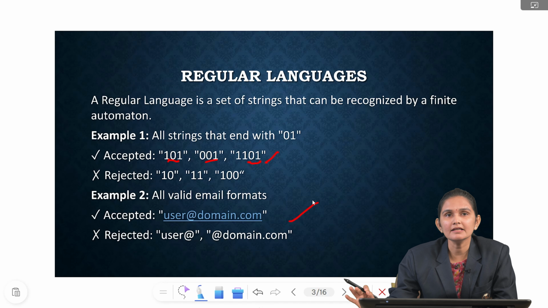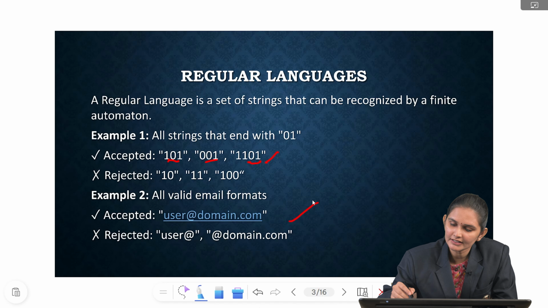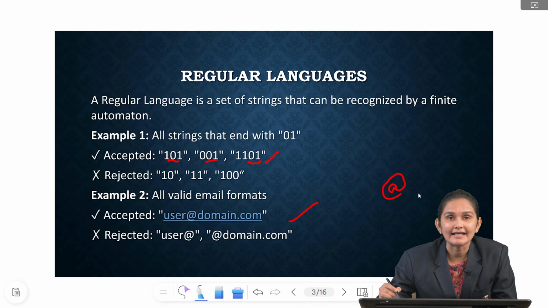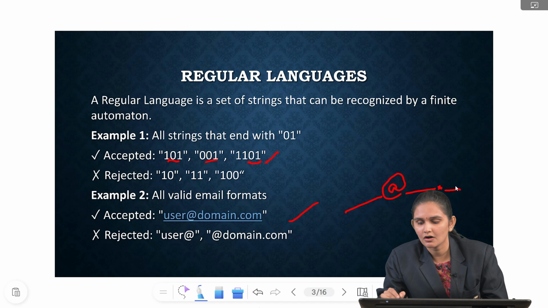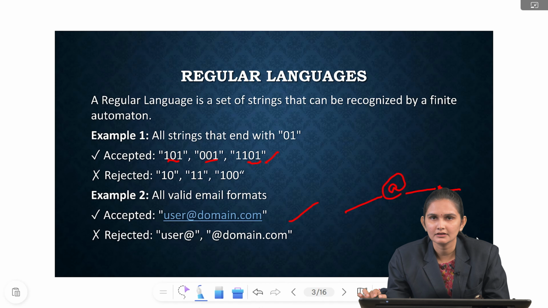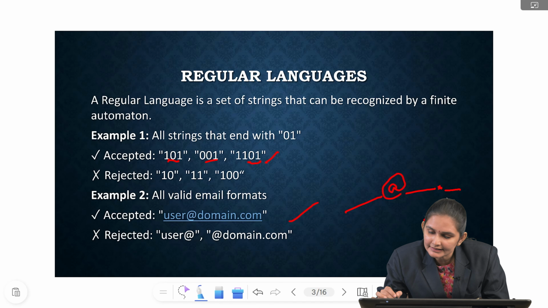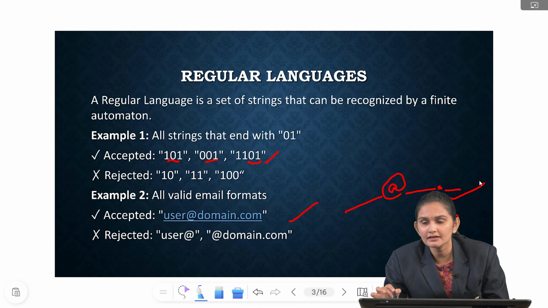Likewise, if we take email formats, we need to have one @ symbol and one dot, and we need to have a set of characters in front of @. After that, we need a domain name, and after a dot, we need com, in or org, etc. If the string follows this pattern, then the finite automata accepts, otherwise it rejects.